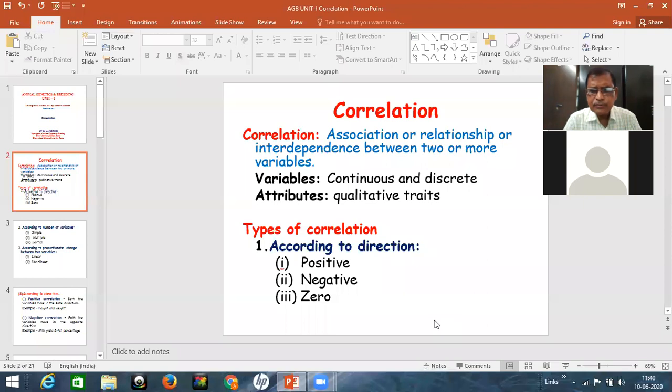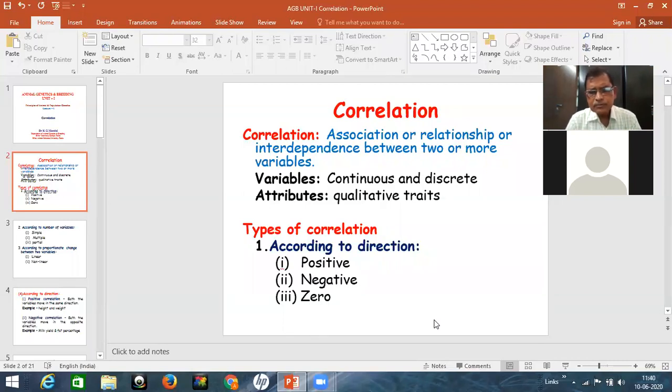If we measure in terms of kilograms, the milk production of a crossbred animal, maybe the Friesian cross, or the Jersey cross, or the Brown Swiss cross, or the indigenous dairy breeds like Sahiwal, Red Sindhi, Gir, Tharparkar, like this.